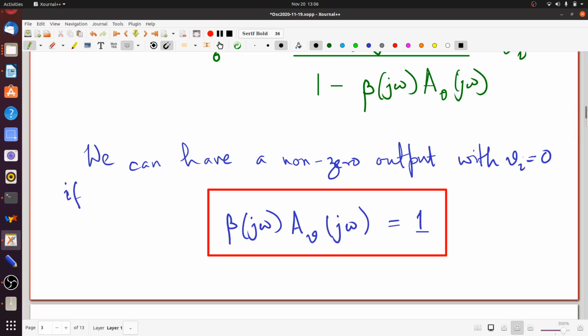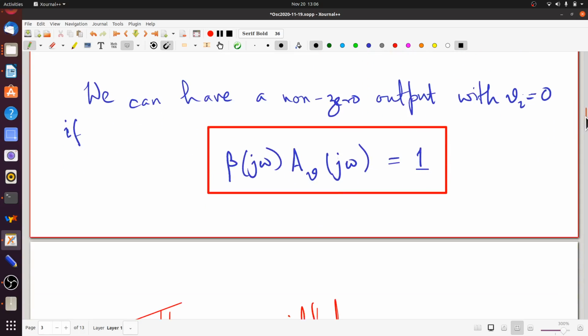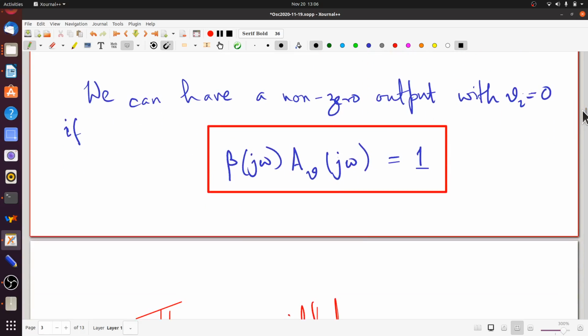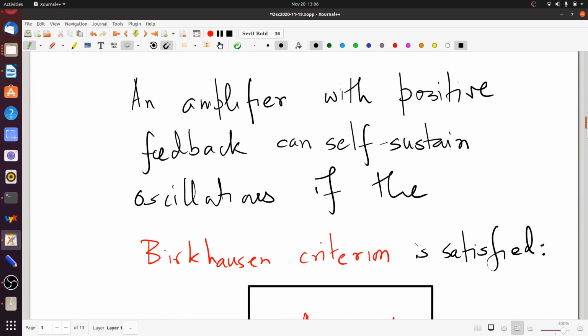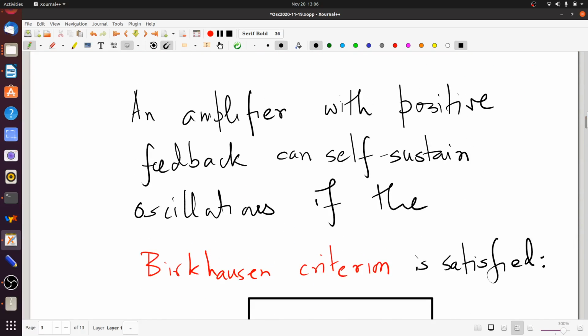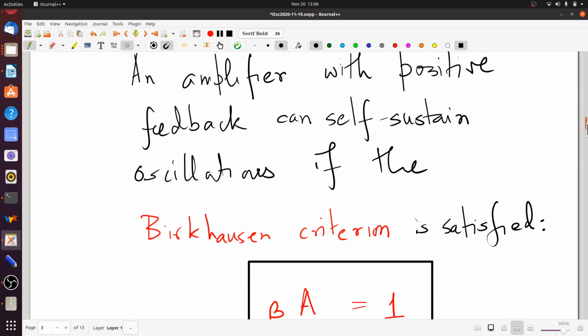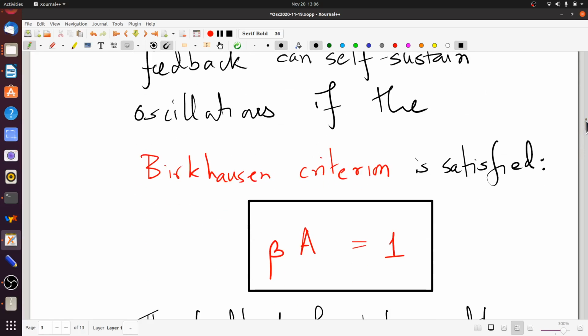Let us quickly look at what this tells us about the basic oscillator structure. An amplifier with positive feedback can self-sustain its own oscillations if this criterion, the Barkhausen criterion, is satisfied: beta A equals 1. What is very important to realize is that beta A equal to 1 is not really one criterion but two, because the left-hand side, beta A, can typically be a complex number.